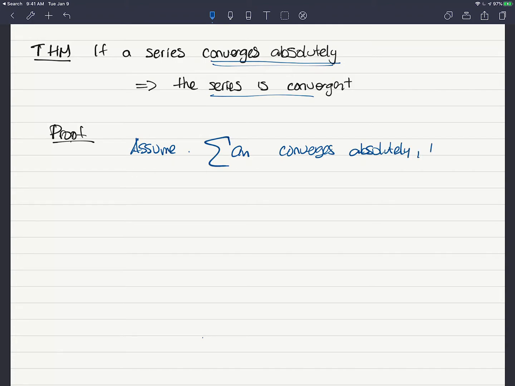What this means is that the series of absolute values of a_n converges. So we're going to assume that that's true. The one we know converges is the one with absolute value signs. We have not proven that the one without the absolute value signs converges.